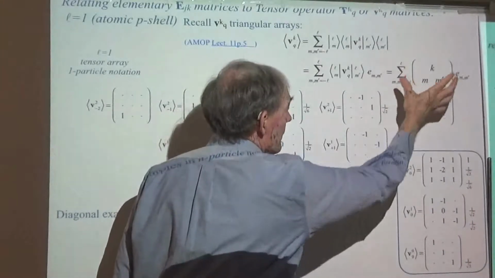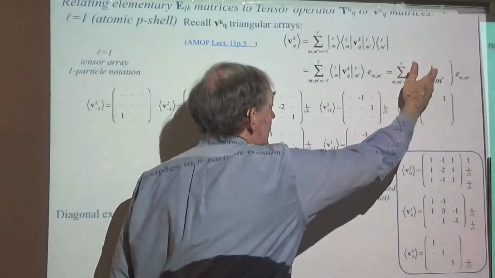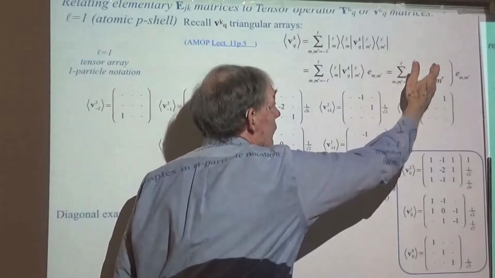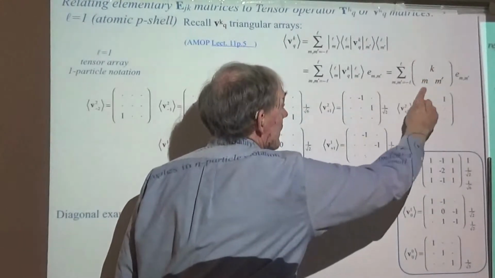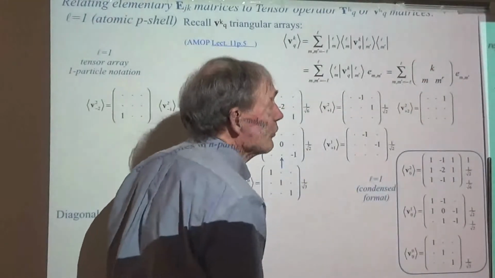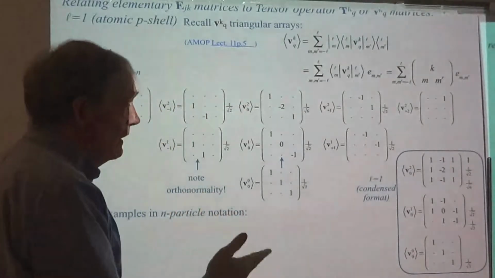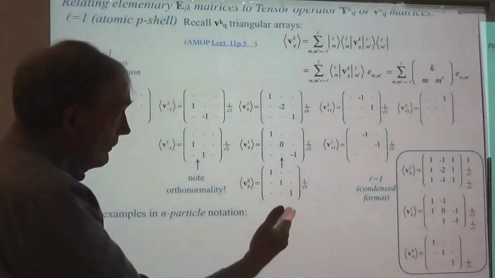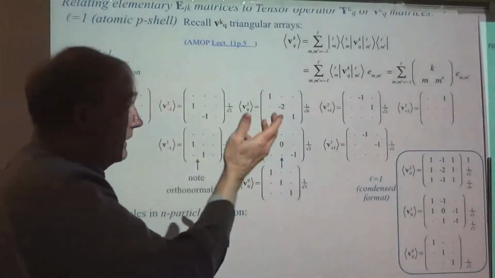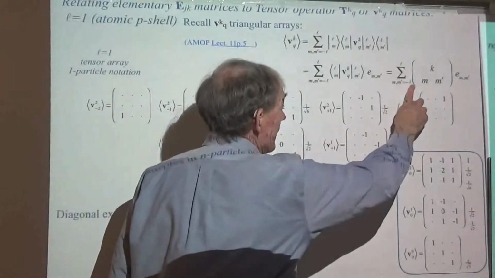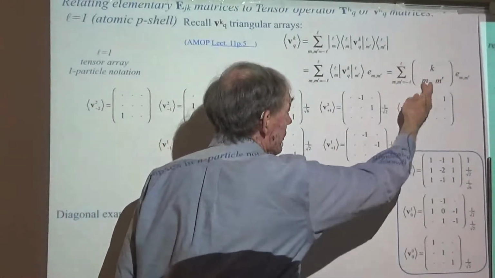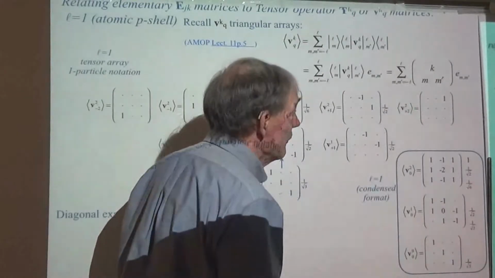I used to write a parenthesis, rank k of the tensor, that's 2, 1, or 0, and then the various m values, which go from 1 to 3 in our elementary numbering system, but really they go from minus L to plus L if you're actually using m values there.